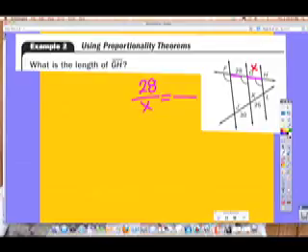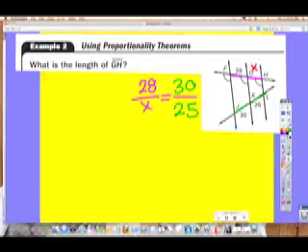Okay, I would grab a calculator, type it in. So cross multiply: 28 times 25 divided by 30. I'm trying to think if it's a whole number. Is it? No. We got how many?